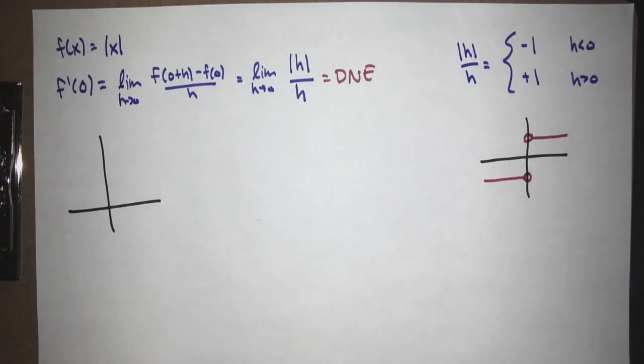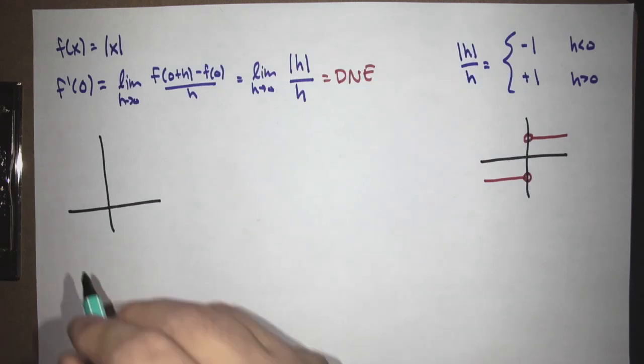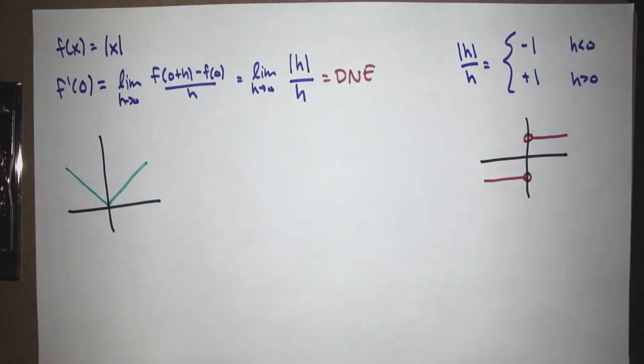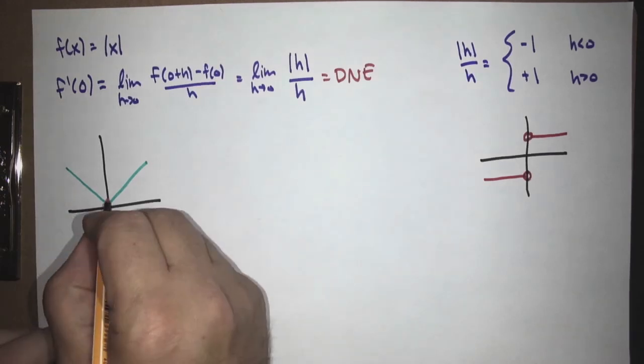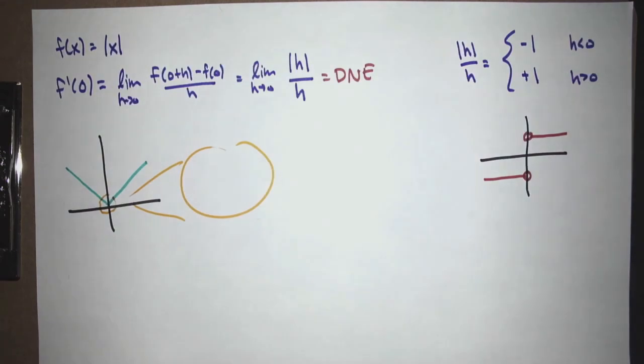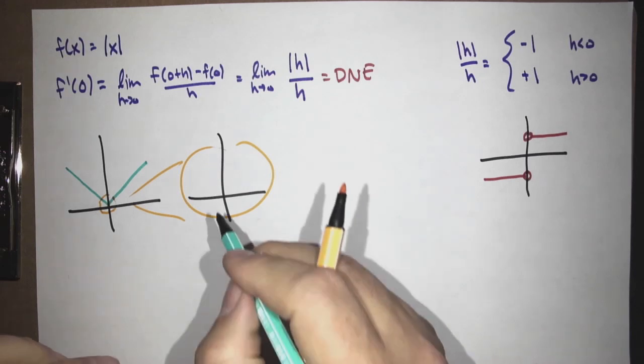If I graph the absolute value, it looks like a V. Now, suppose I zoom in, because our intuition is that if you zoom in, you should start looking flat. If we zoom in, what do we look like? We look like a V.